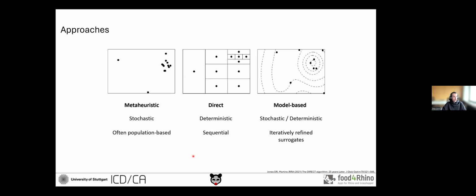So meta-heuristics are all types of algorithms that are more or less inspired by nature, right? Something like the genetic algorithm that is implemented in Galapagos, or NSGA2, a very, very popular optimization algorithm.